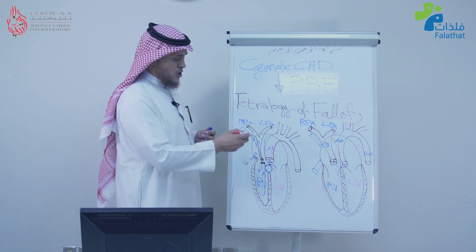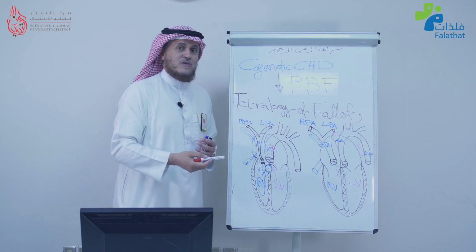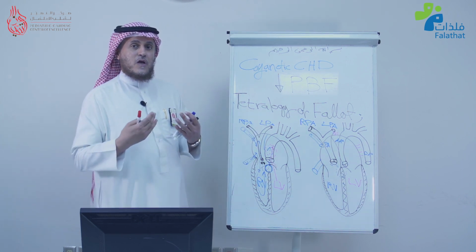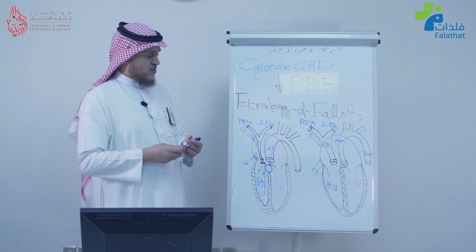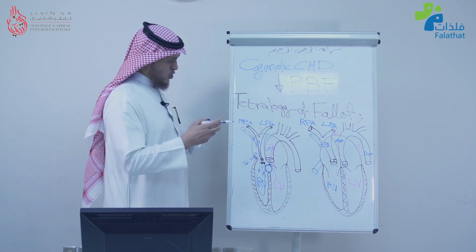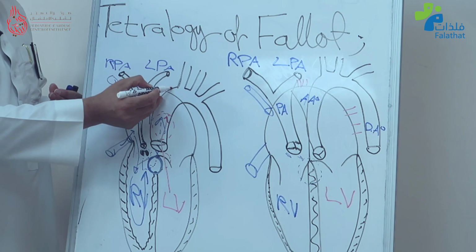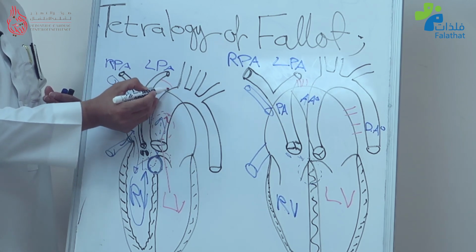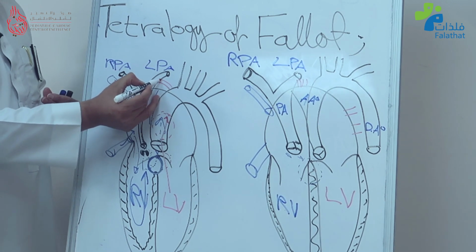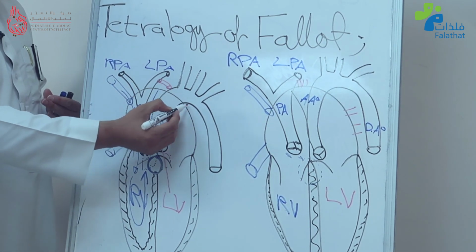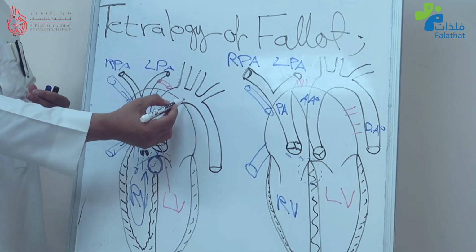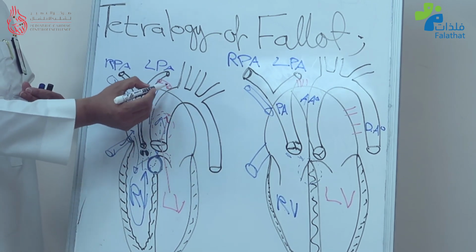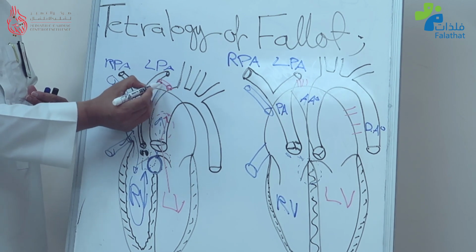And then for the baby to live, he or she will need to get another source of pulmonary blood flow, which is not uncommon, that we find what we call the patent ductus arteriosus. I'm just drawing it for the sake of drawing on this side, although it is not. It usually comes from the descending aorta below the arch and goes to the MPA down there or near the LPA, just for making it close for the drawing part.